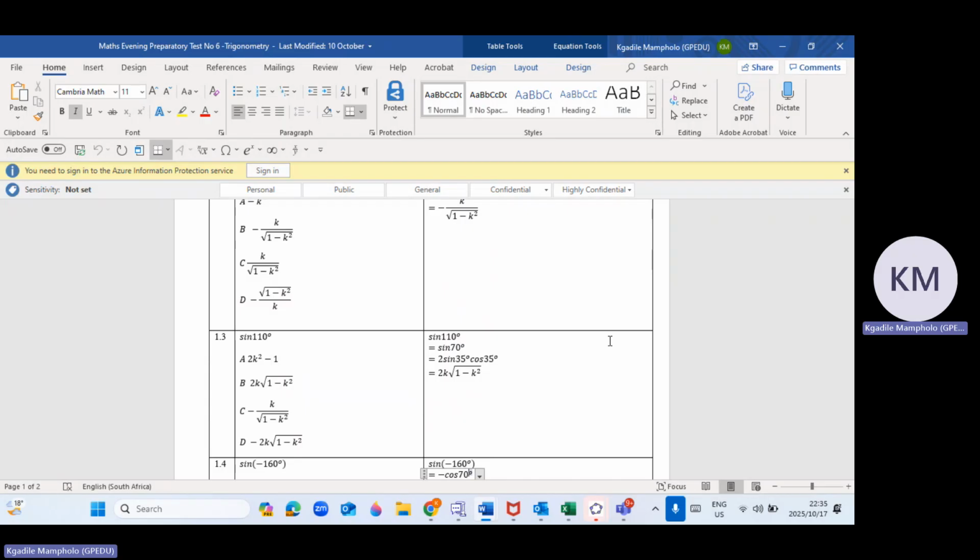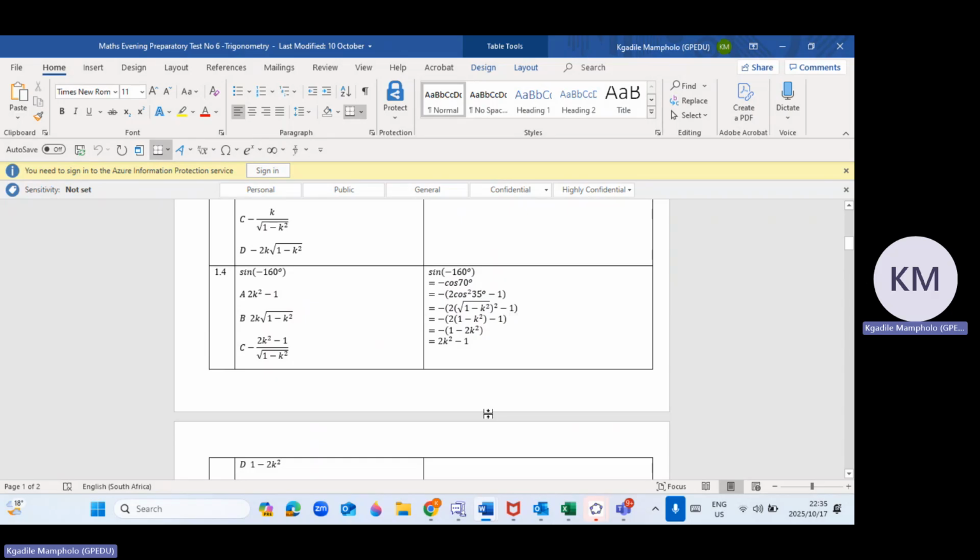Or you can reduce it to sine 70, because sine 110 is sine of 180 minus 70, and sine in the second quadrant is positive. When you change it to a double angle, it will be 2 sine 35 cos 35. Sine 35 is k, and cos 35 is root 1 minus k squared.